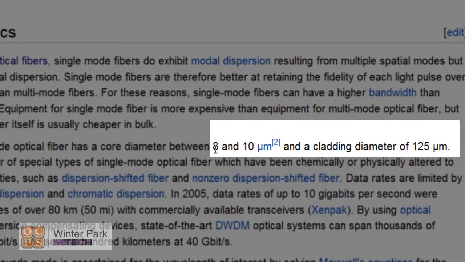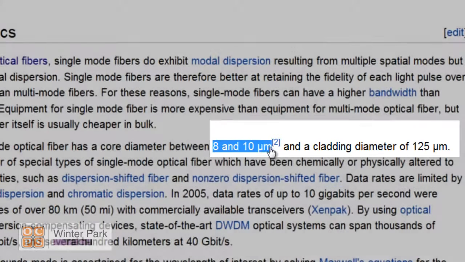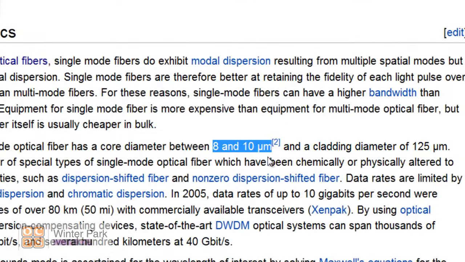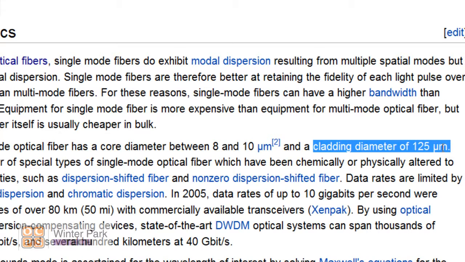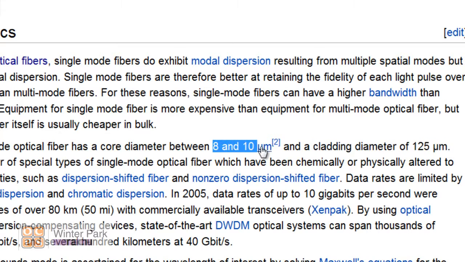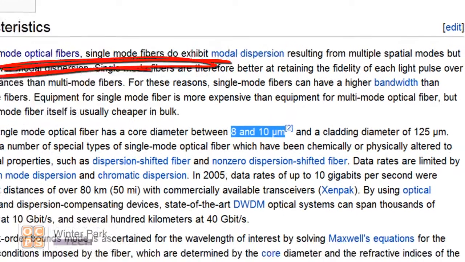Here we see single mode, and the fiber optic cable is actually about 8 to 10 microns, or micrometers, and the cladding stays a consistent 125. So we drop down significantly from 62 to about 8 to 10 with single mode. So you can see the single mode fiber is very, very small, even compared to its cousin multimode fiber.